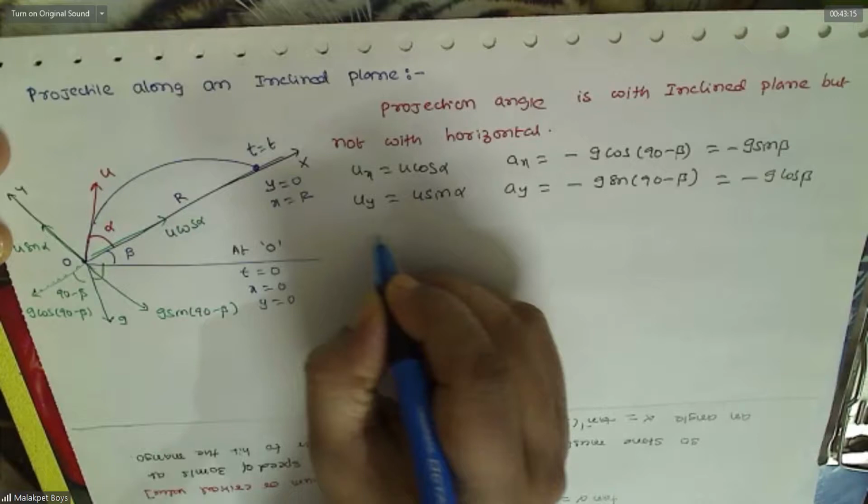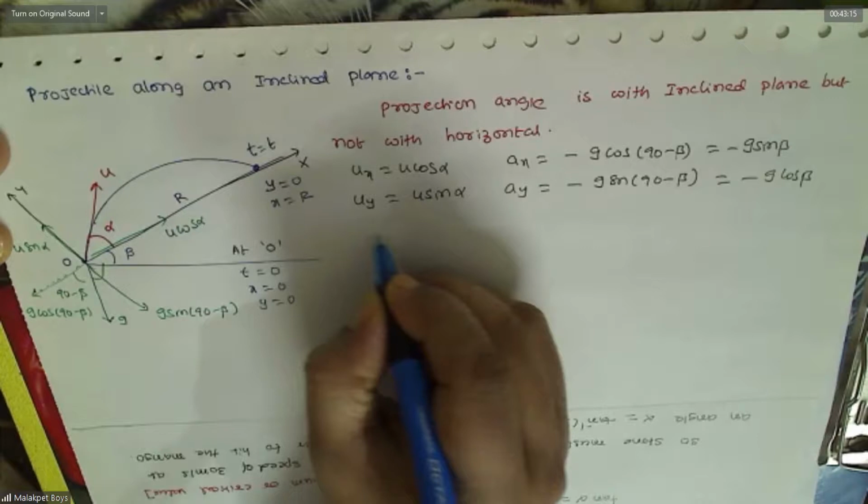This is 0. uy is how much? u sin alpha t plus half minus g cos beta t square. Do you agree with this? So this will be, if you take t common, t times u sin alpha minus half g cos beta t.